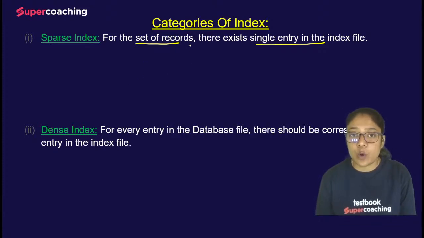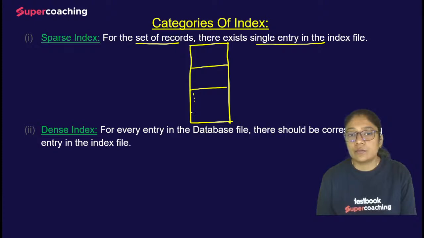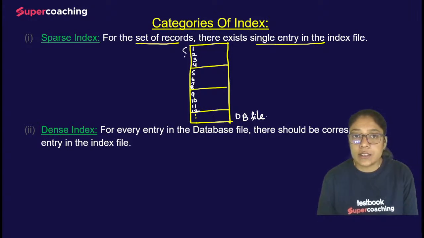What do I mean by this? Let us assume that in the database file, this is block 1, this is block 2, block 3, and so on. Here you have some entries, let's say 1, 2, 3, 4, 5, 6, 7, 8, 9, 10, 11, 12, and so on. So this is the database file. Now, in the sparse index, for a set of entries, it contains just one entry.